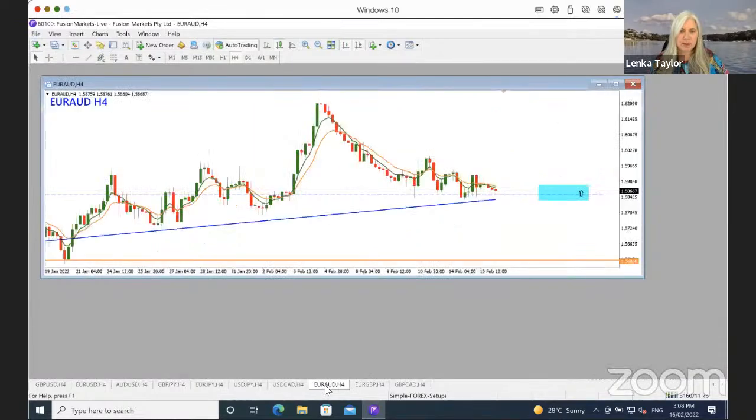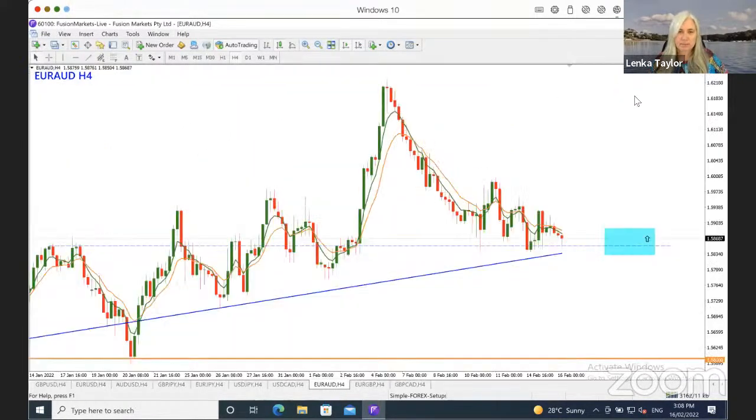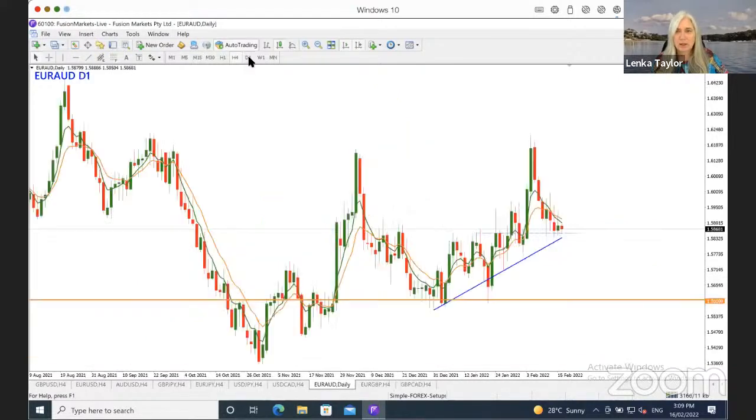Yep. Next currency pair, Euro AUD. All right, let's have a look at that. So I'm still looking for a long on Euro AUD. We did have that big pullback. It does look like it might start to go down, but at the moment the price is going sideways.